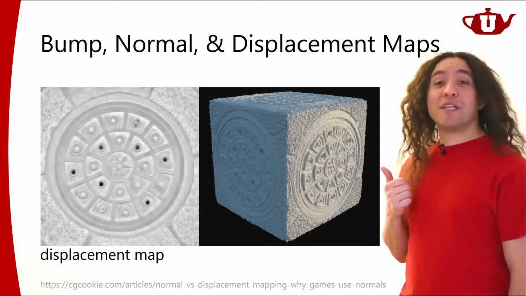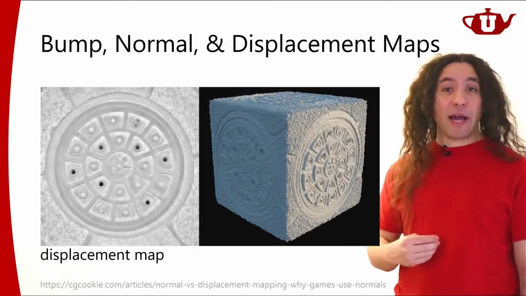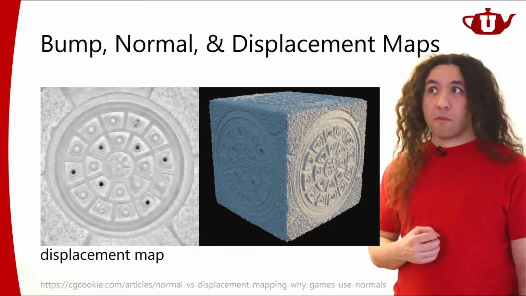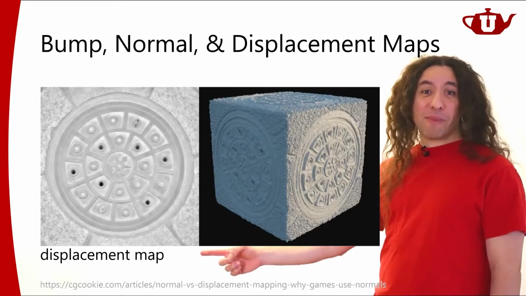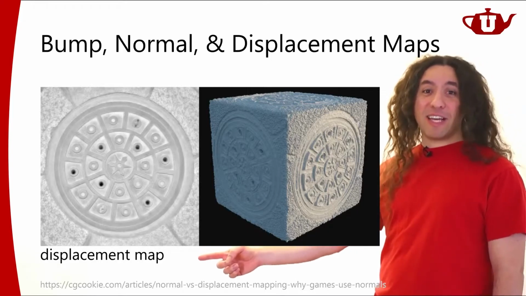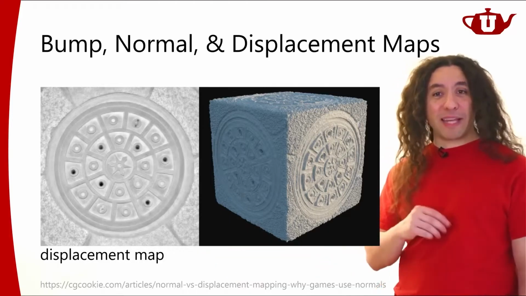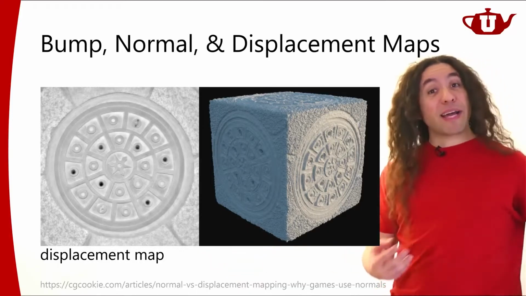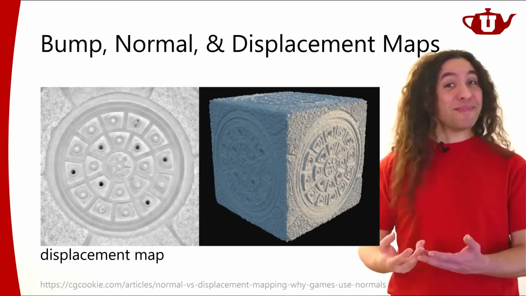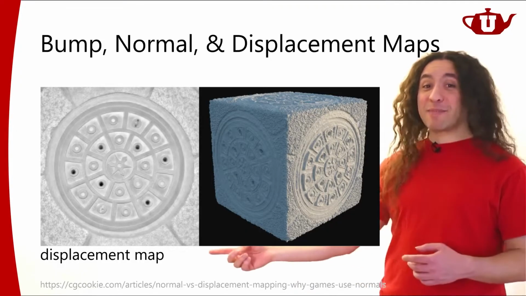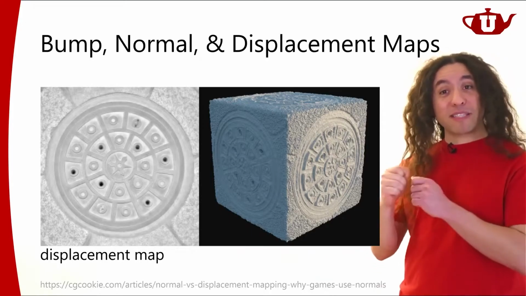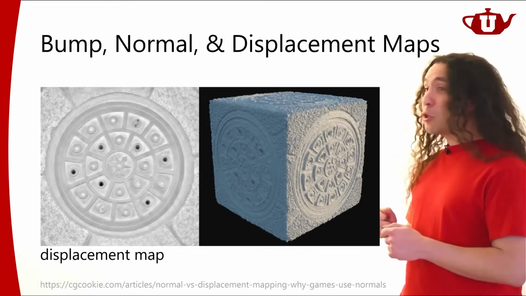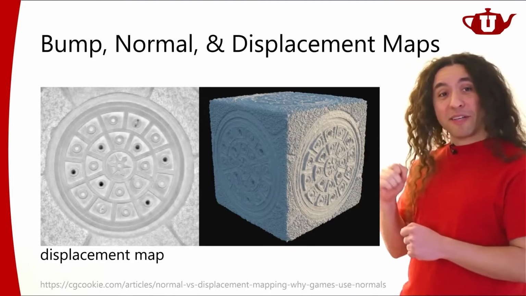If you're going to apply the displacement map on the fly as you're rendering, well, then you'll need to compute the normal perturbation by looking at the variation in the displacement map. The displacement map is a height map, so I can also use it as a bump map, right? So I can look at the displacement map to compute the displacement. At the same time, I can look at the neighboring pixel values in the displacement map to compute the variation of the height map.